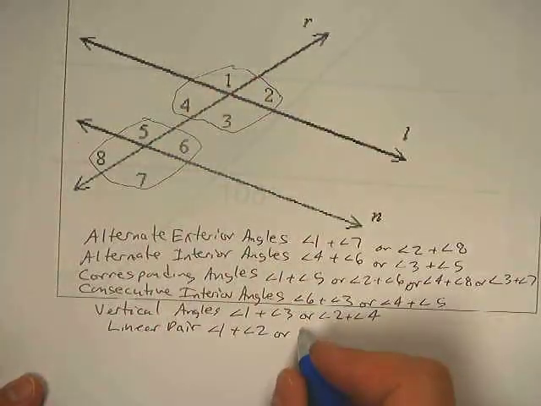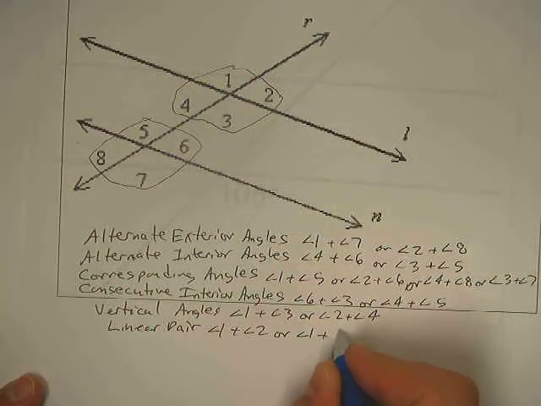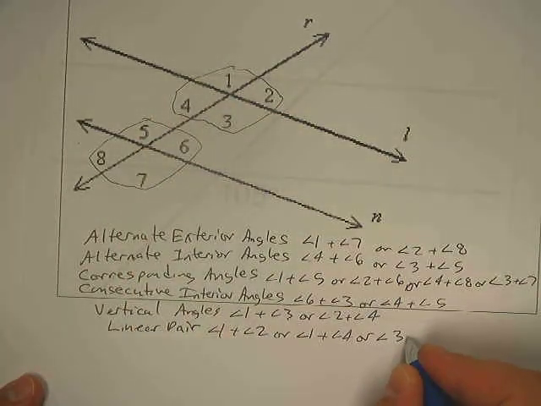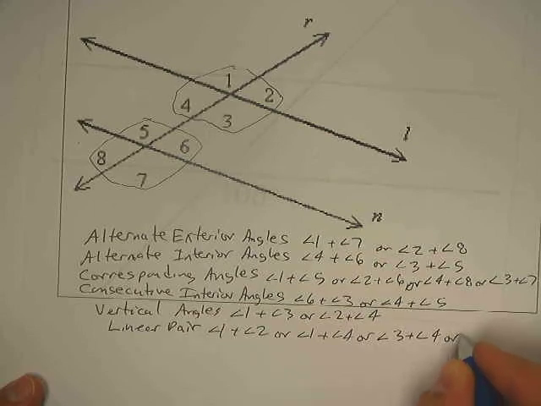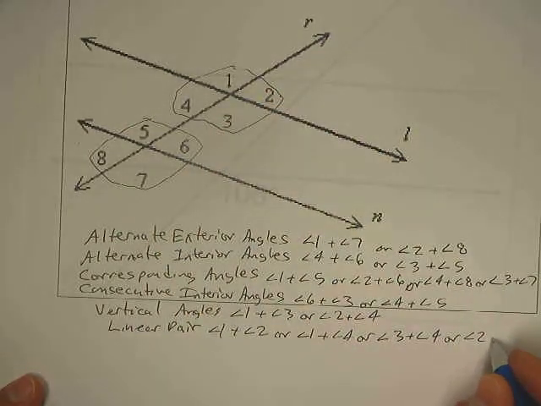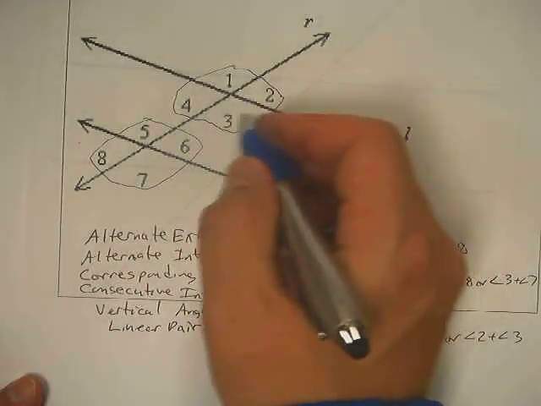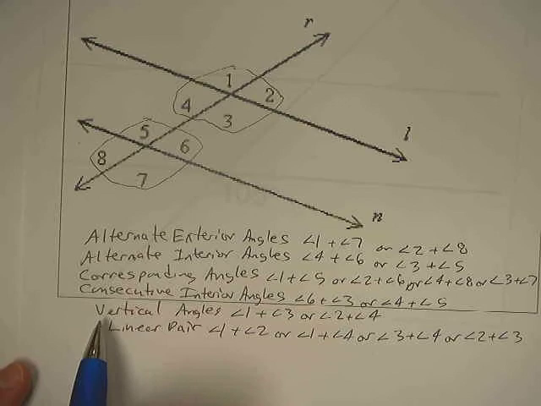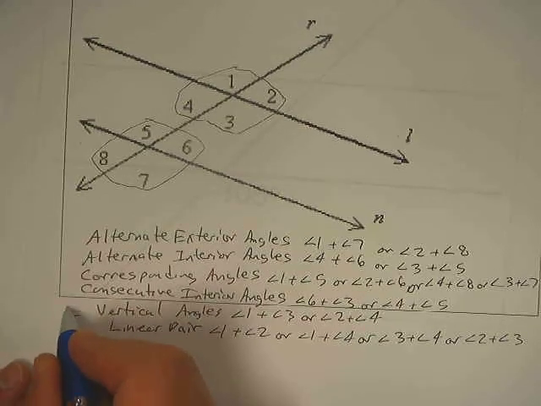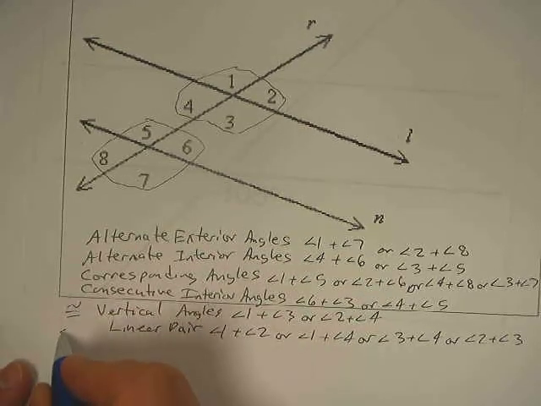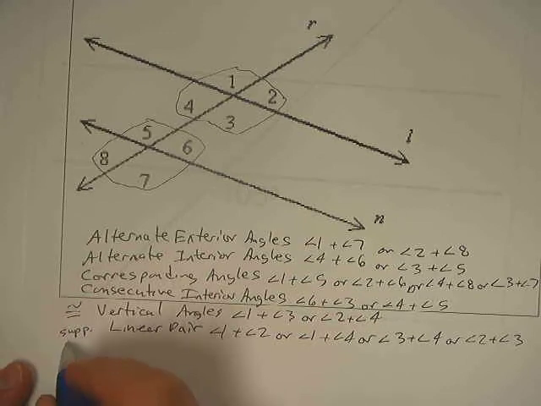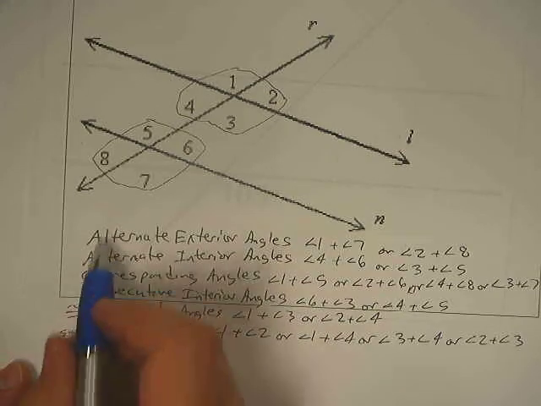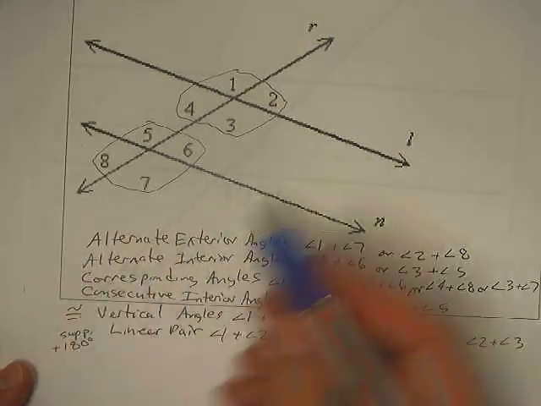I think of them like a pair of shoes. 1 and 2, or maybe 1 and 4, or 3 and 4, or 2 and 3. See, they're next to each other. Okay, so these vertical angles are always congruent. Linear pair are always supplementary, which means they add up to 180 degrees.